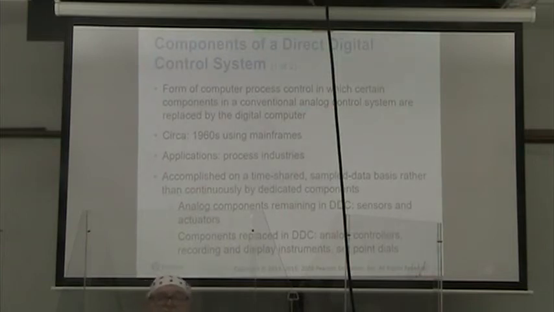So they did it with a time-shared sample data basis rather than dedicated components, right? Typically, mainframes were so large and so expensive that one factory would have one computer and everything had to be run off of that. So it would do a microsecond's worth of attention to process one, then a microsecond's worth to process two, and so on.